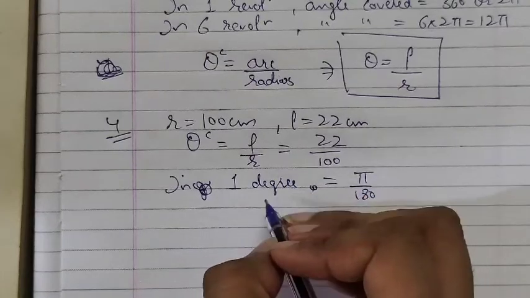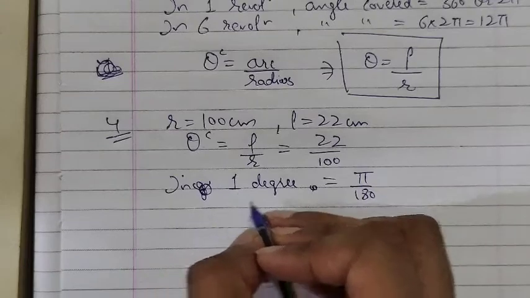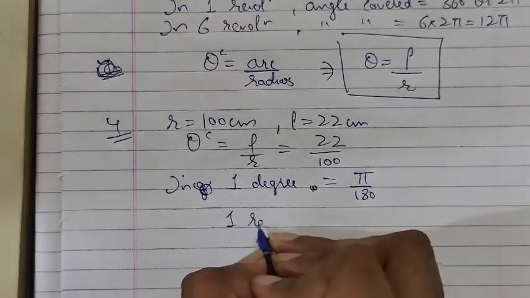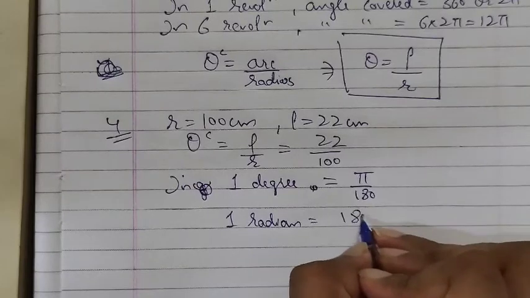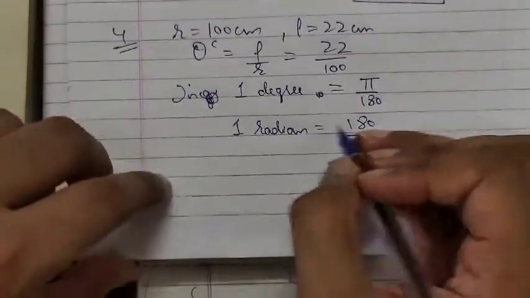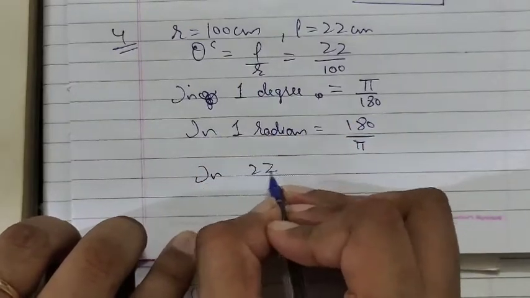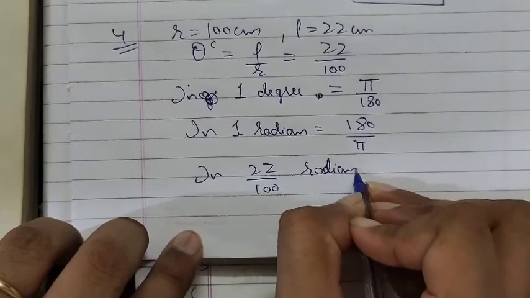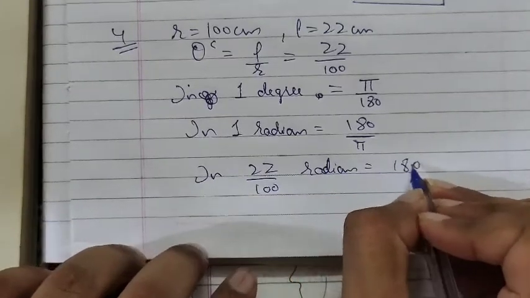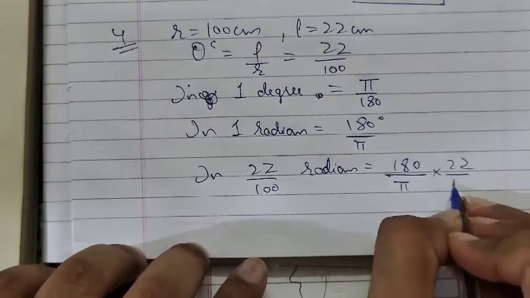So we have to convert it from radian to degree. In 1 radian the angle is equal to 180 upon pi. So in this 22 upon 100 radian, the angle is equal to 180 upon pi multiplied by 22 upon 100.